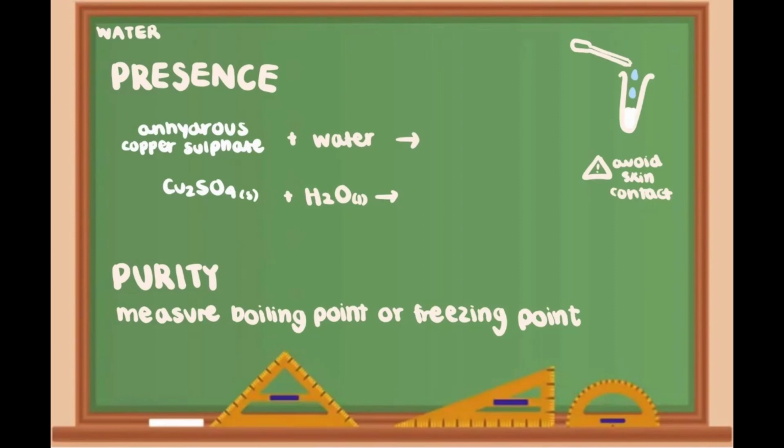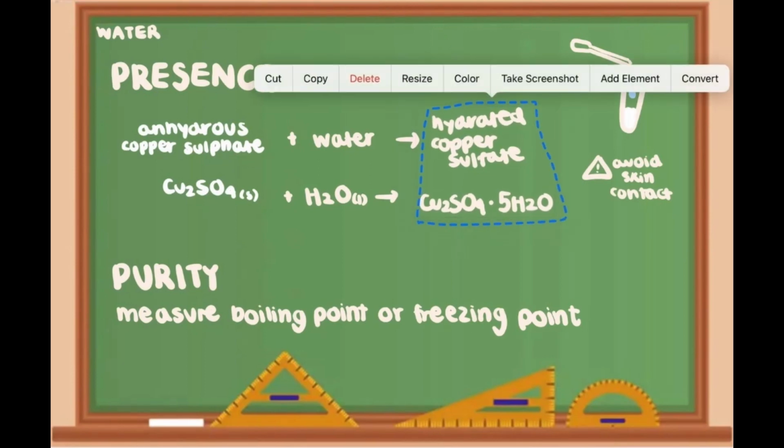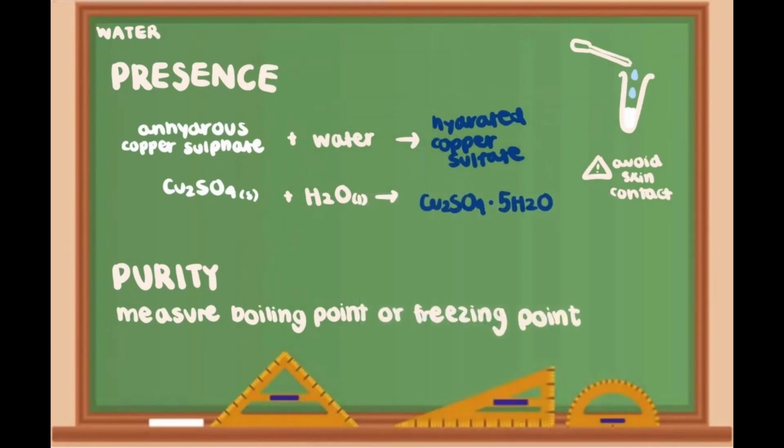But when we add water to it, we're going to form some hydrated copper sulfate. I'll just write out the formula for this. It's very similar. It's just like this. You can see this little dot represents water of crystallization. And what is so important about this is that this is actually blue. So the powder will turn blue, and if it does, that tells us that there was water in whatever we just added to the copper salts.